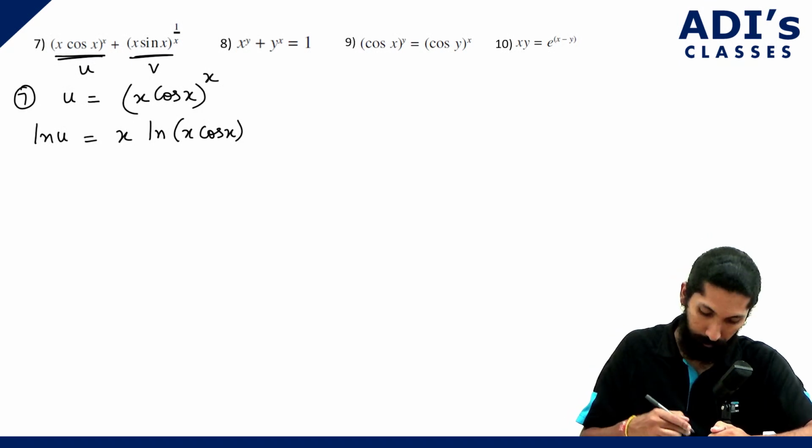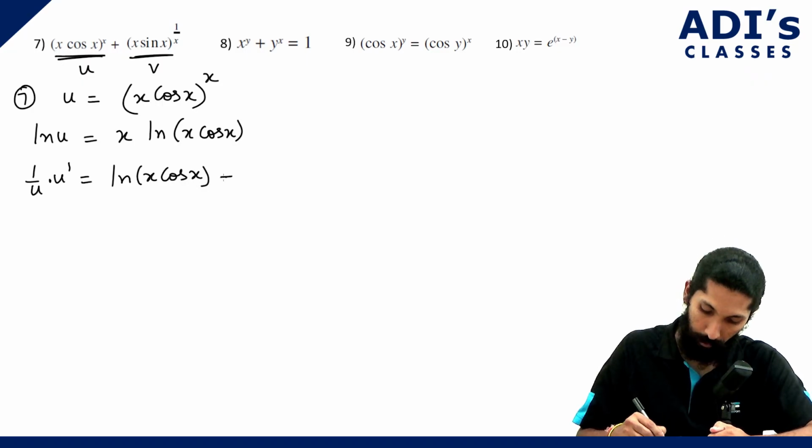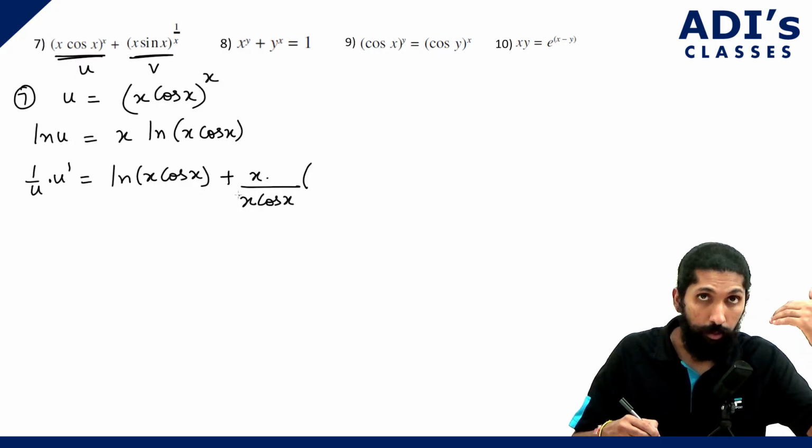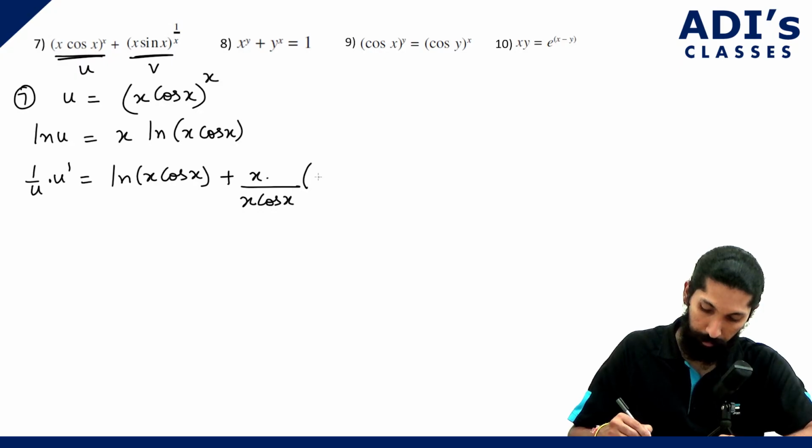So 1 by u into u dash is log of x cos x, x derivative is 1, plus x into 1 by x cos x into, here you have to again apply the product rule, so this becomes cos x minus x into sin x.